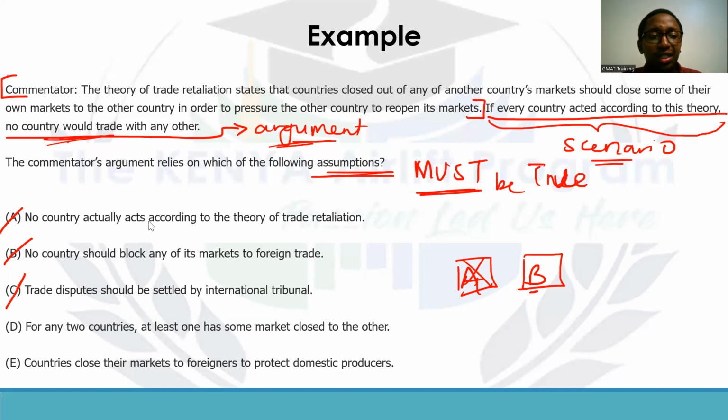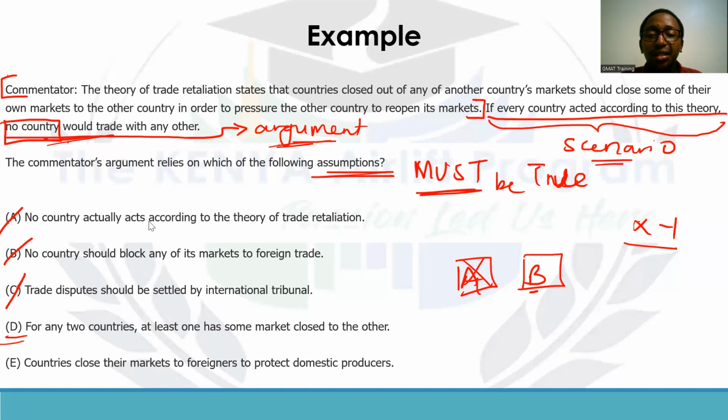So actually this is true, because if we have, say, 200 countries and there are two countries, X and Y, where X has not blocked its market to Y and Y has not blocked its market to X, this whole argument falls apart because it says no country.